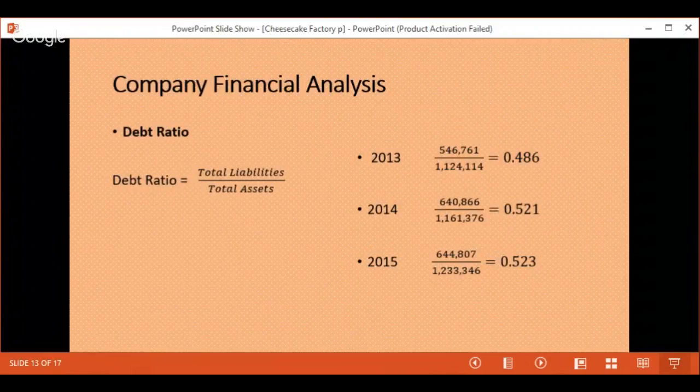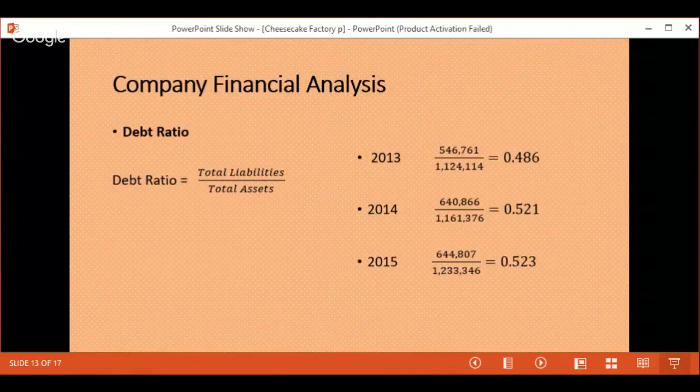The debt ratio. This helps to know the percentage of the company's ownership with respect to the creditors and shareholders. It is the ratio of total liabilities to the company's total assets. To use this ratio, we divide the total liabilities by the total assets. In 2013, the ratio was 0.486.